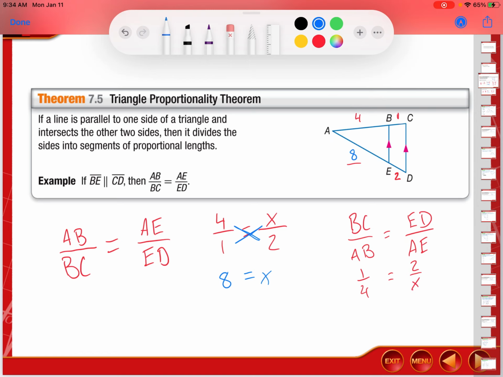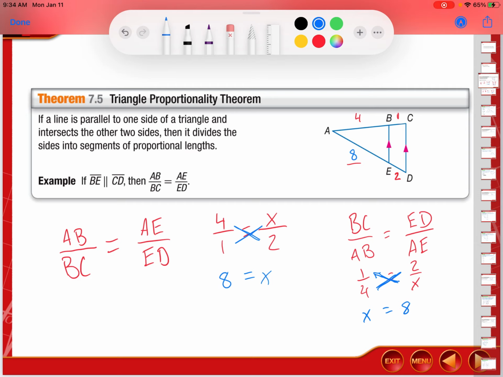I think it's because when I cross multiply, I go from the bottom right up here and I say, okay, 1 times x, so x equals 4 times 2, which would be 8. That's just how my eyes work, and then that sets up the x on the left-hand side, which I prefer, but you can solve it either way.